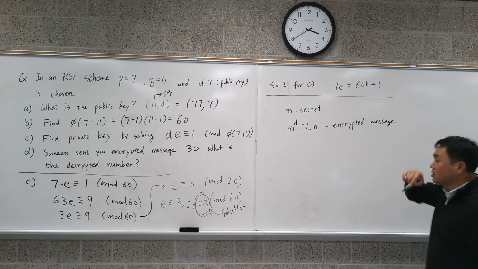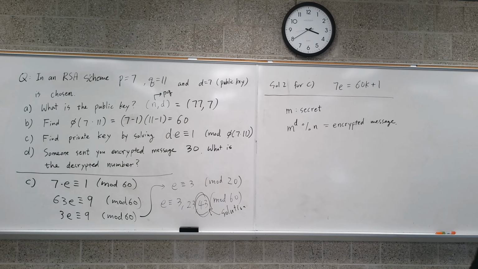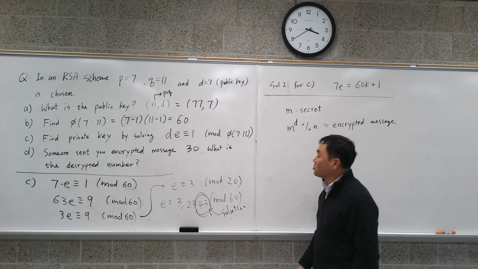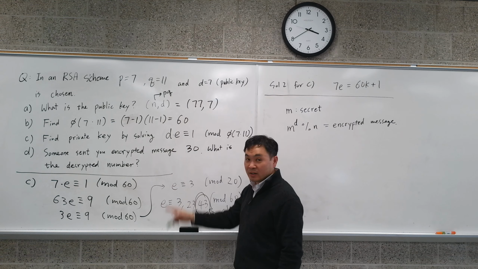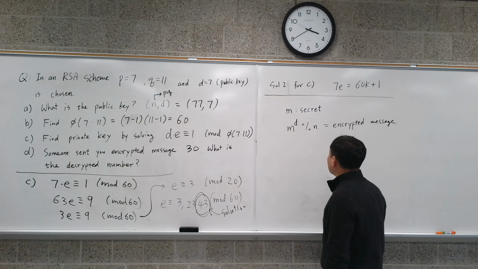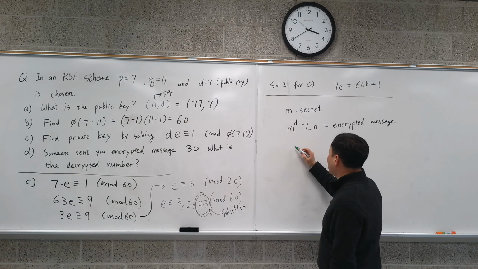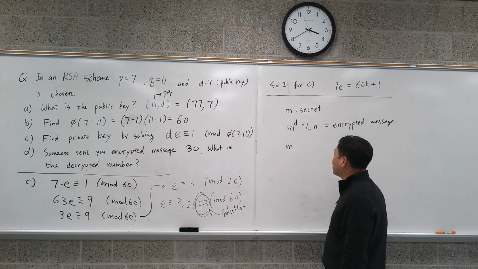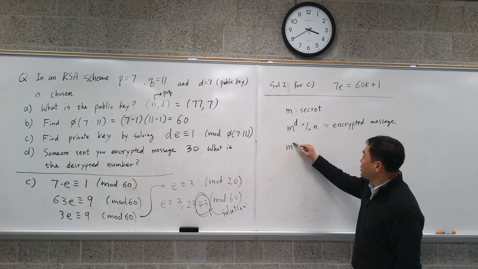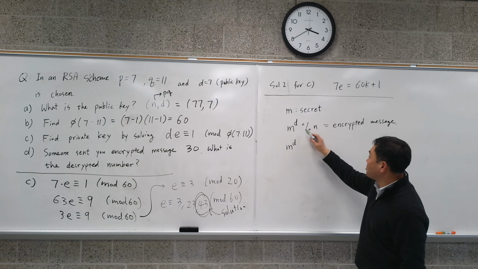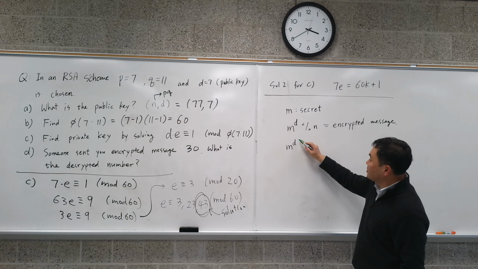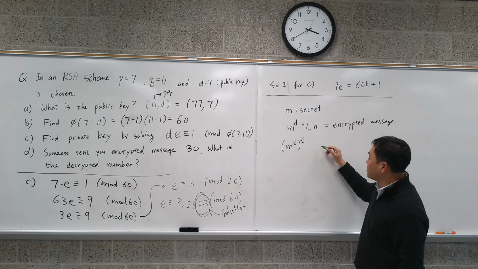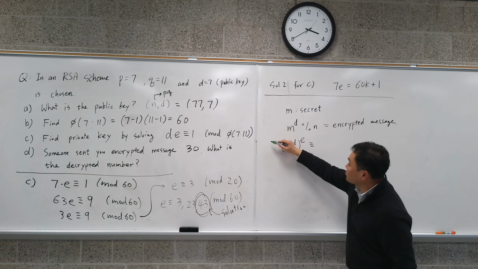But you're the only person that knows the E corresponding to the D. So what you do is take this M to the D mod N, and you take the power of E. This is decryption.